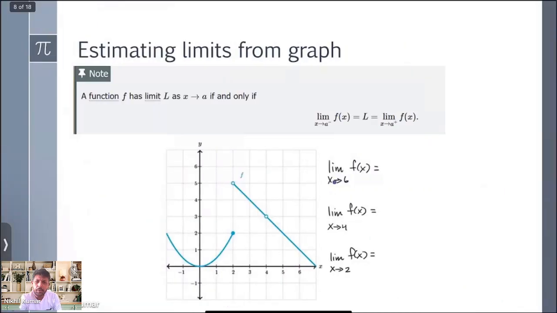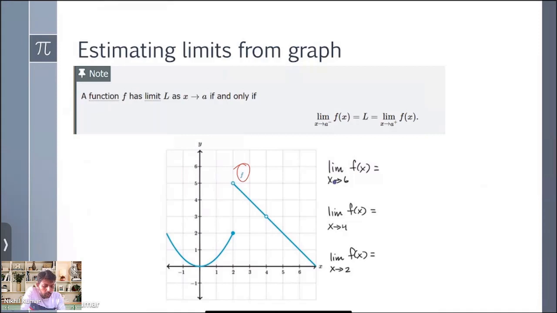Now, I have a function f, represented by this small f. I want you to find out the limit of this function at 3 different points. Before we start with this exercise, let me tell you one thing.